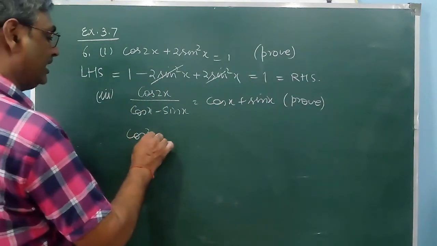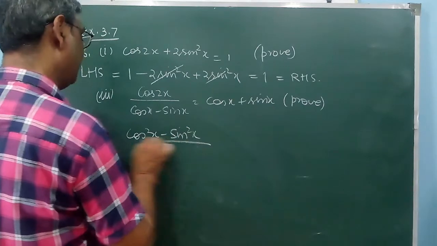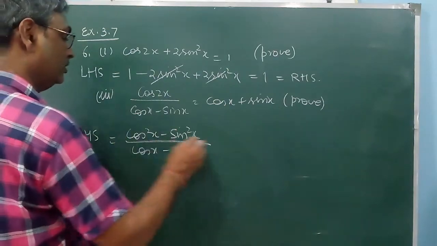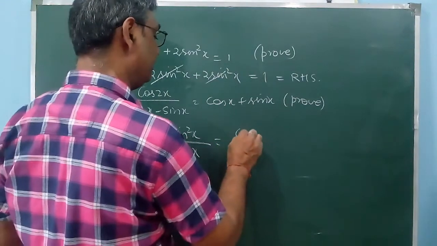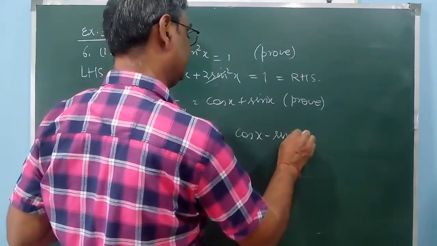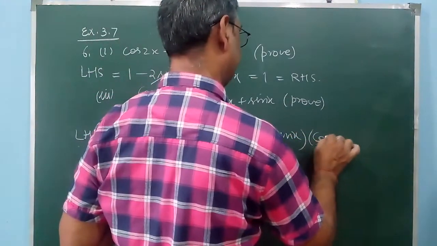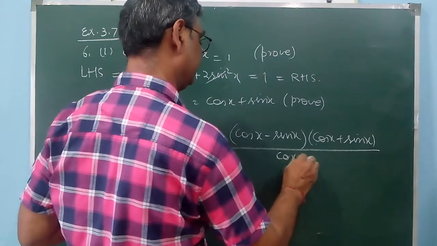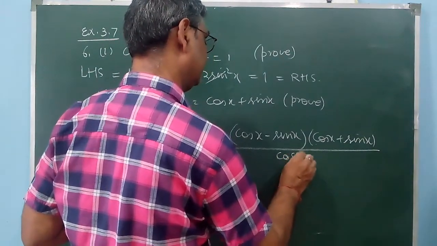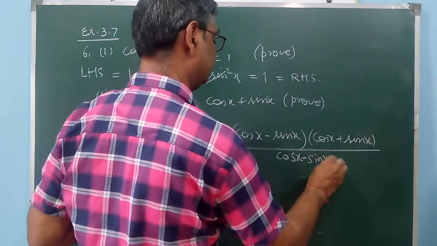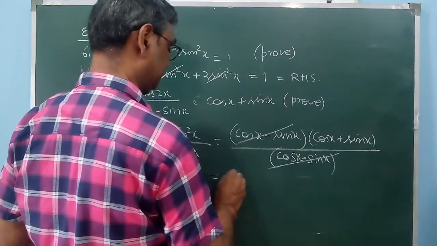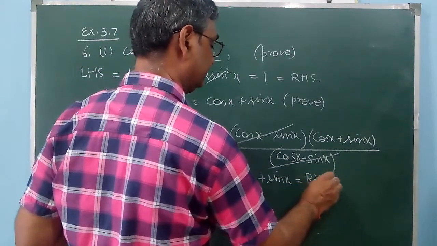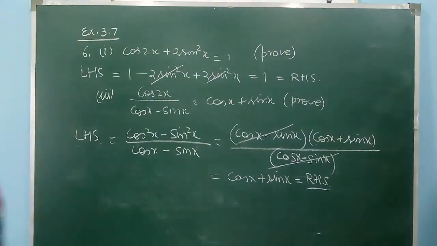This is cos square x minus sin square x upon cos x minus sin x, and here we can write LHS equal to this, here a square minus b square formula we can use. We have got this.